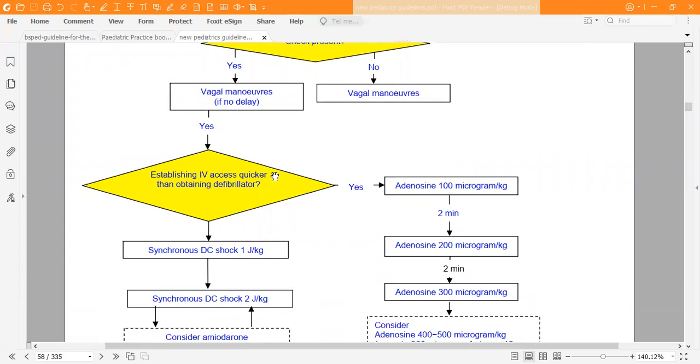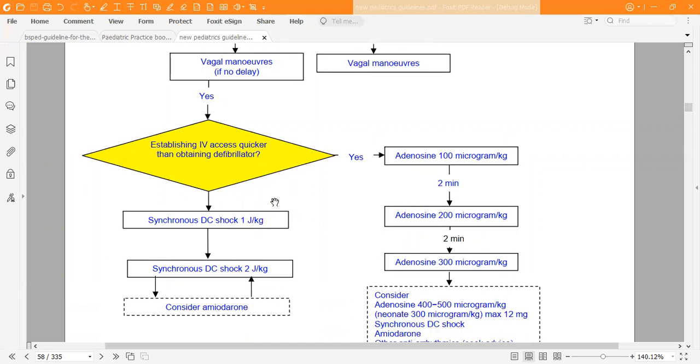Establishing IV access is quicker than obtaining a defibrillator. So in case of shock, you will try the vagal maneuvers if there is no delay in the preparation for the DC shock and the IV access.